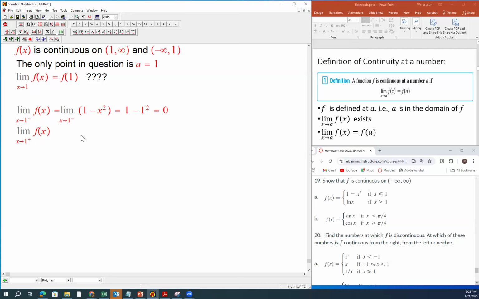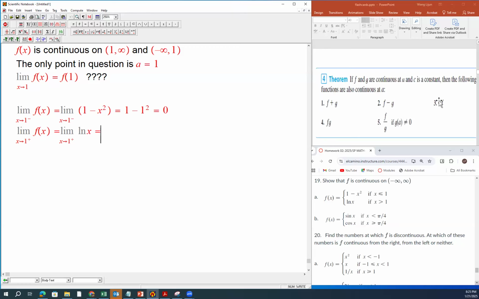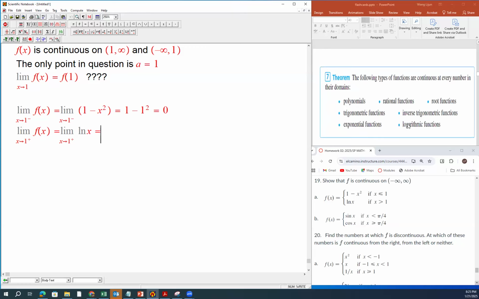Now the limit from the right. Approaching 1 from larger than 1, we take the limit of ln x, because that's the rule of the function when x approaches 1 from larger than 1. ln x is continuous, since a logarithm function is continuous in its domain.